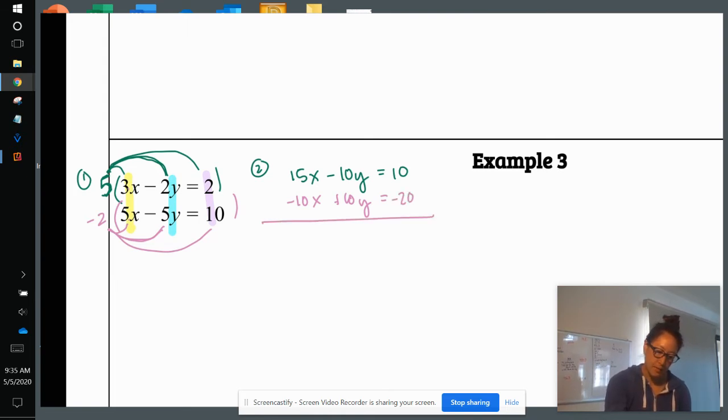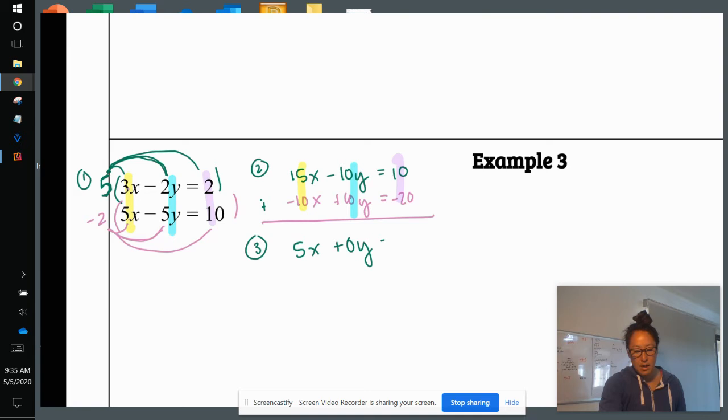All right, step number 3, we're adding these up. So in the yellow, 15x minus 10x gives me positive 5x. Blue, negative 10y plus 10y gives me 0y.